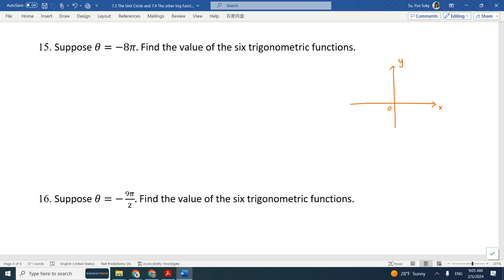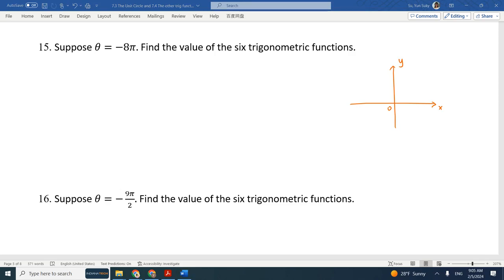If you see an angle that is not within 0 to 2 pi, you can add a multiple of 2 pi or subtract a multiple of 2 pi to find the coterminal angle, which is in 0 to 2 pi. Is that clear, everybody? We can find a coterminal angle. Coterminal angles have the same terminal sides.